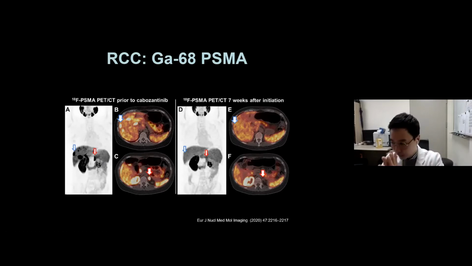And also, there has been one report recently that PSMA PET-CT can show treatment response to cabozantinib, which is also another tyrosine kinase inhibitor. But still, further studies are necessary to show this new application of PSMA PET for treatment response to TKIs.